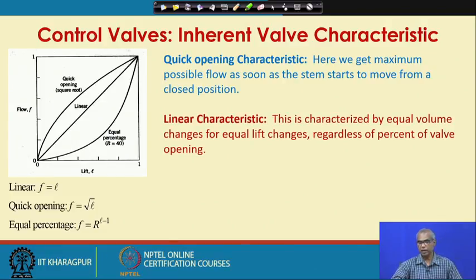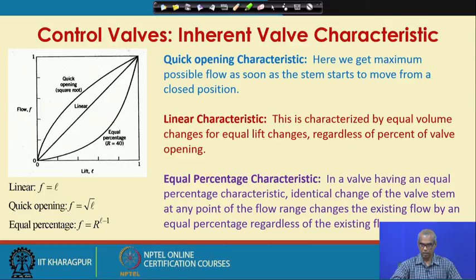In case of linear characteristic, this is characterized by equal volume changes for equal lift changes regardless of percent of valve opening. In a valve having an equal percentage characteristic, identical change of the valve stem at any point of the flow range changes the existing flow by an equal percentage regardless of the existing flow.